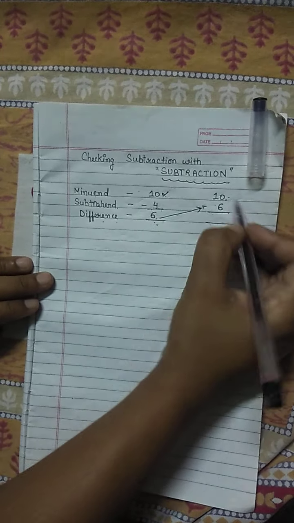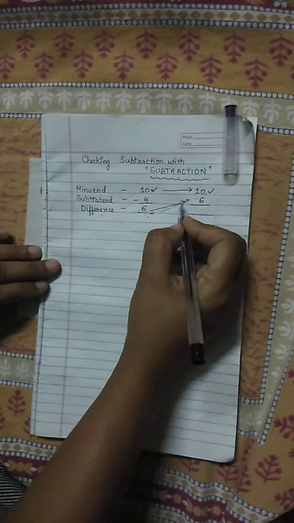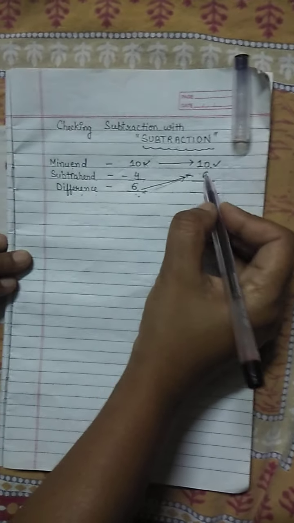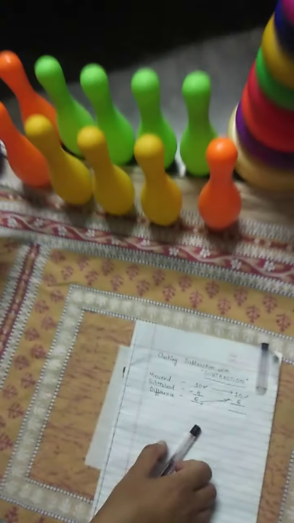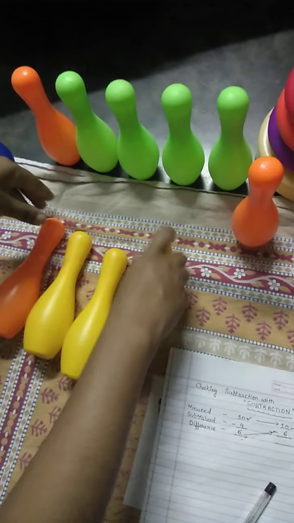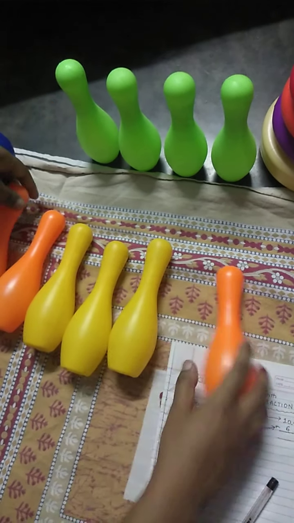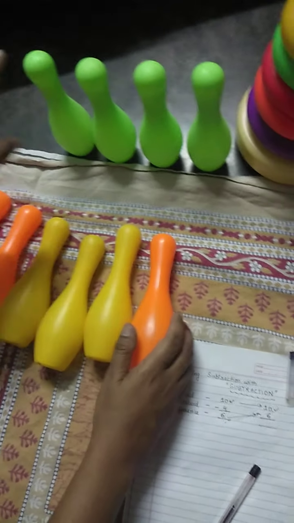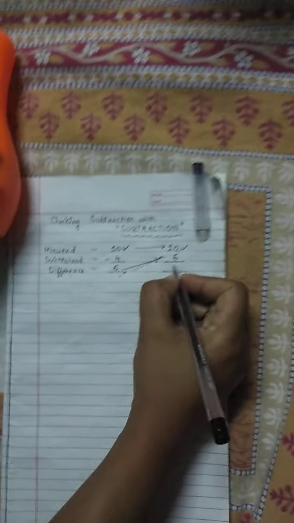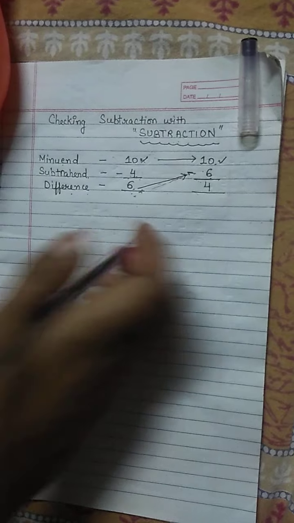This greater number will remain at the same place, and this difference will be at the place of subtrahend. Now let's see. 10 minus 6. 1, 2, 3, 4, 5 and 6. How many are left? 1, 2, 3 and 4. So 10 minus 6 is 4.